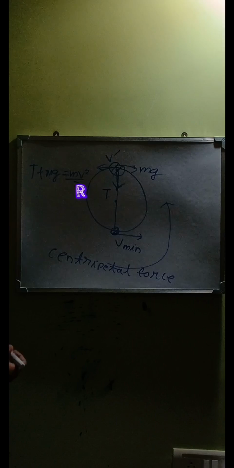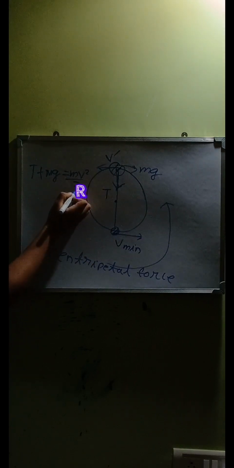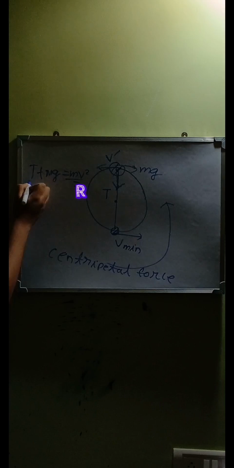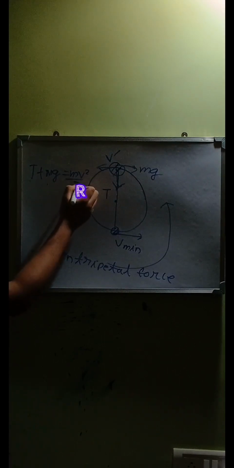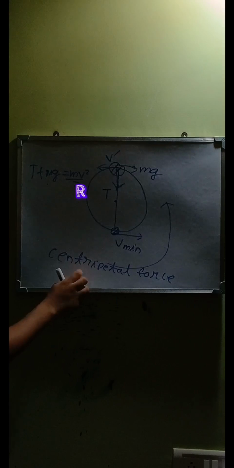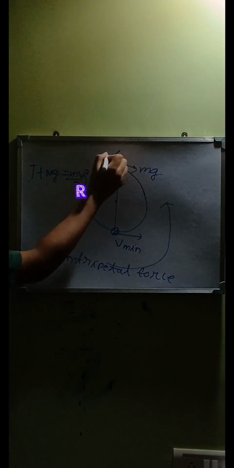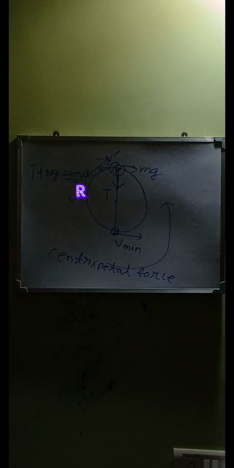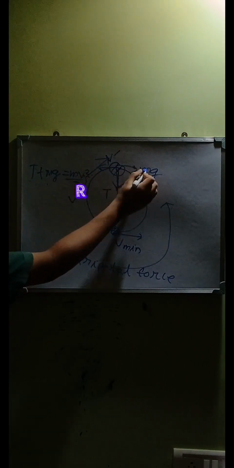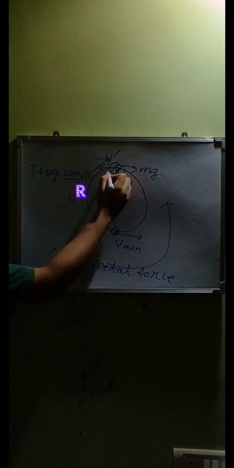So, T plus mg equals mv squared by r. Here T is the tension in the string, mg is the weight of the bob, and mv squared by r is the formula of centripetal force. Here v is actually v dash, so it is v dash squared. m is the mass of the bob and r is the radius of the circular path.